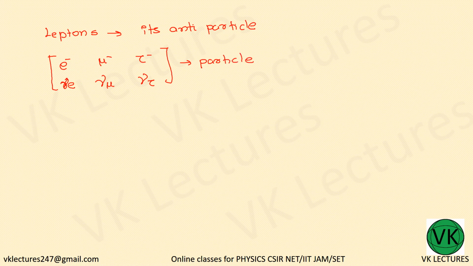Another group of particles exists which are called the antiparticles of leptons, which are e plus, that is the positron, and nu e bar, or mu plus or nu mu bar, or tau plus or nu tau bar. Now these are the antiparticles.